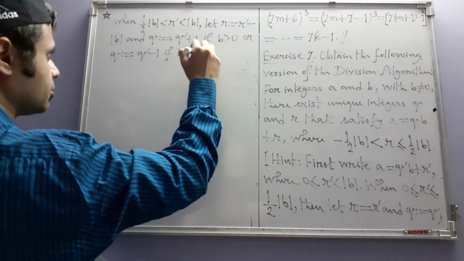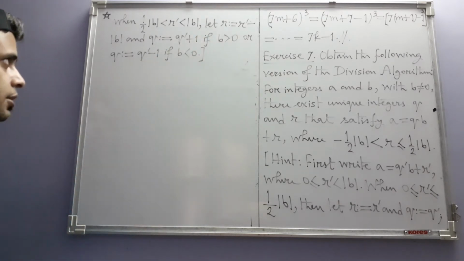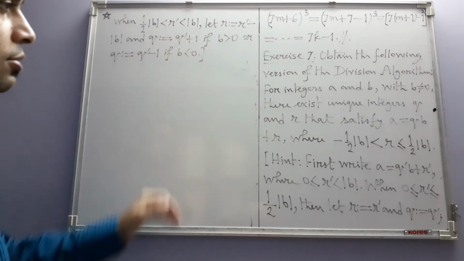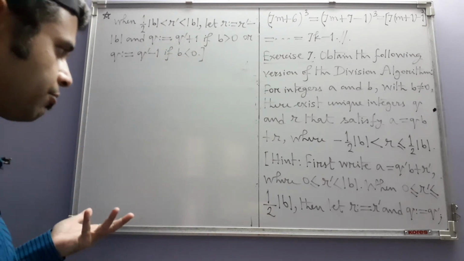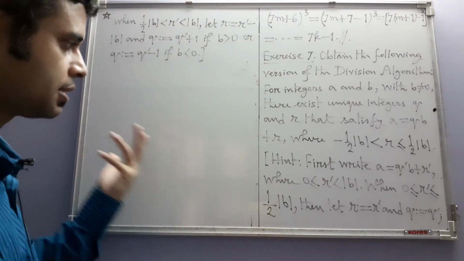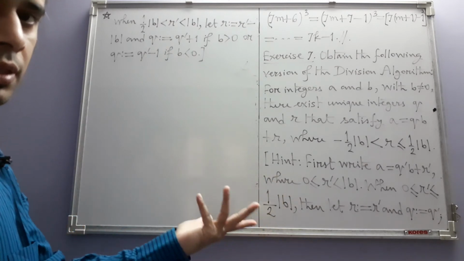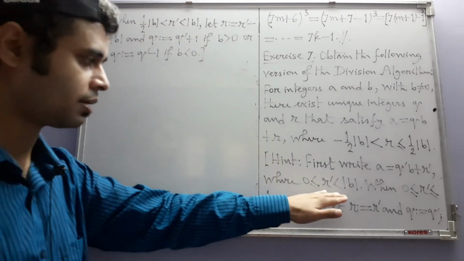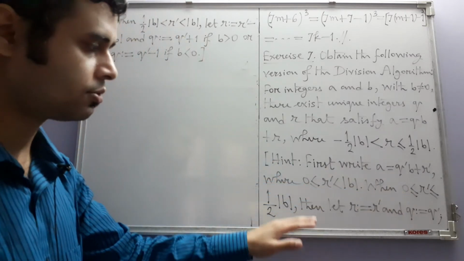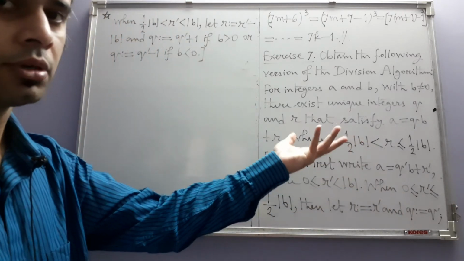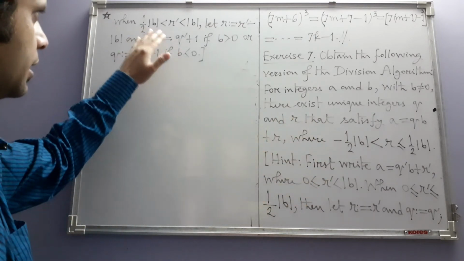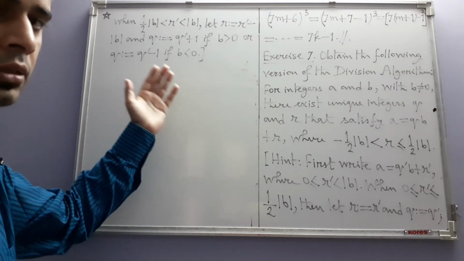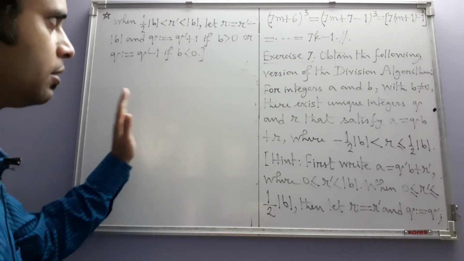Since b is a non-zero integer, it is either positive or negative. Depending on what it is, we have to make these choices. If you follow this hint exactly how it is given, that is the solution. You just have to make sure that in the first case where these inequalities are true, we can clearly see we get what we want. In the second case, you just have to make sure that yes, here also you are getting the required things.